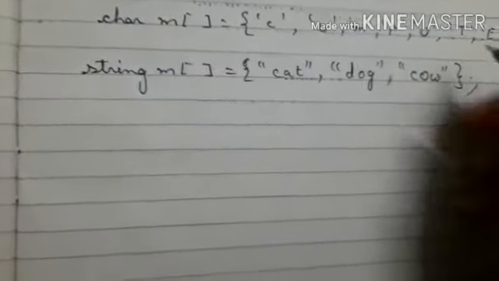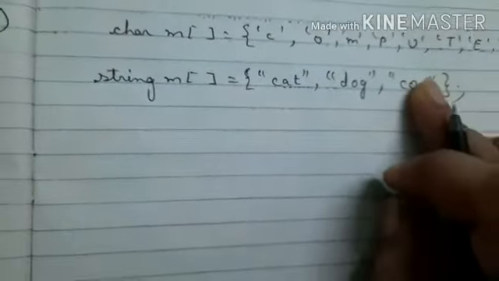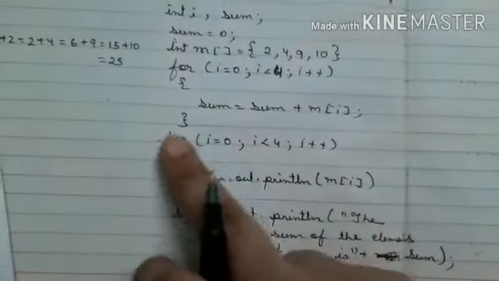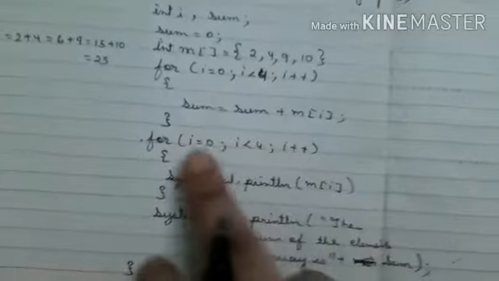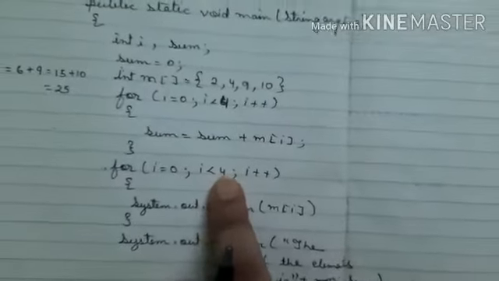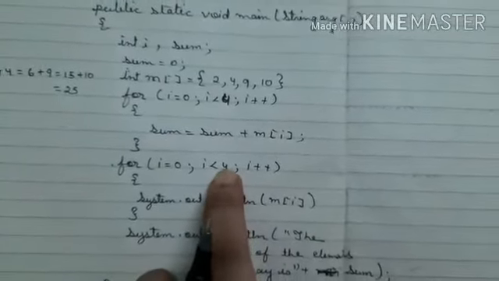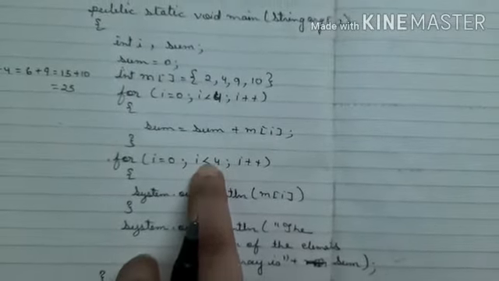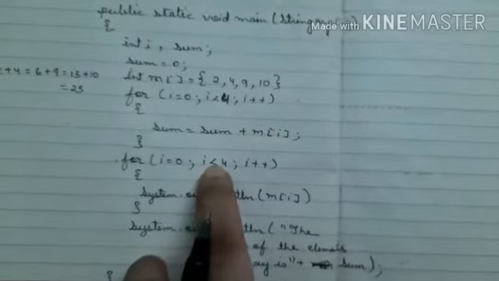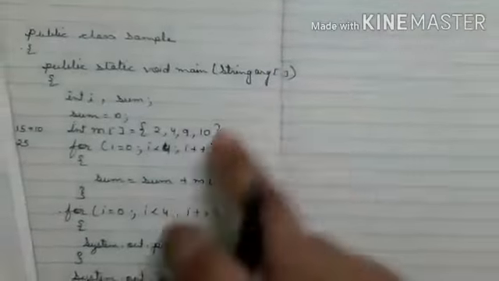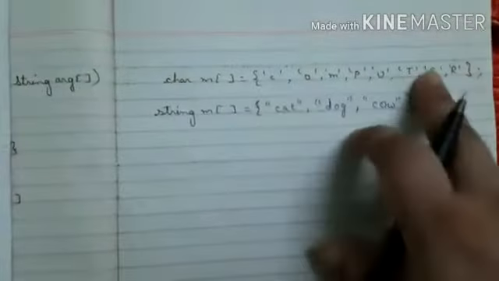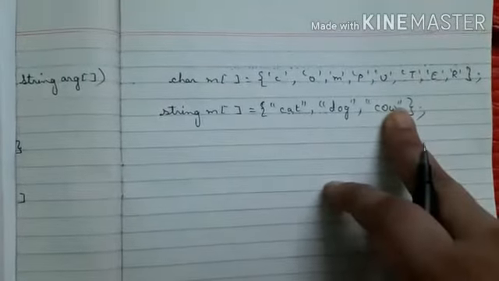When you are assigning a string, it should be inside double quotes. The display will be in a similar manner as you did with the integer in the for loop. You give the condition according to the number of characters you have taken, or the length of the string. The integer assignment is done in this manner, characters in this way, and strings in this order.